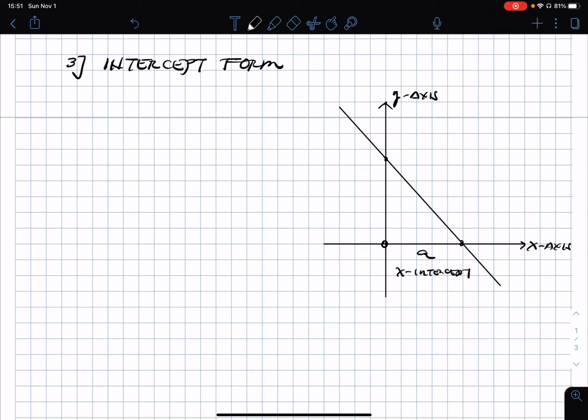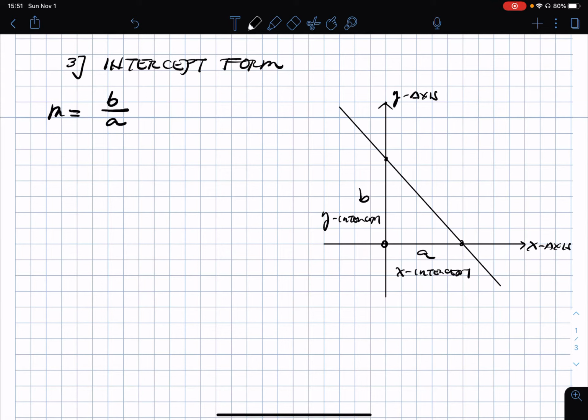And the vertical distance from the x-axis to the point of intersection of the y-axis and the line, we call b. This is your y-intercept. So the slope using the x and y intercept is simply b over a.